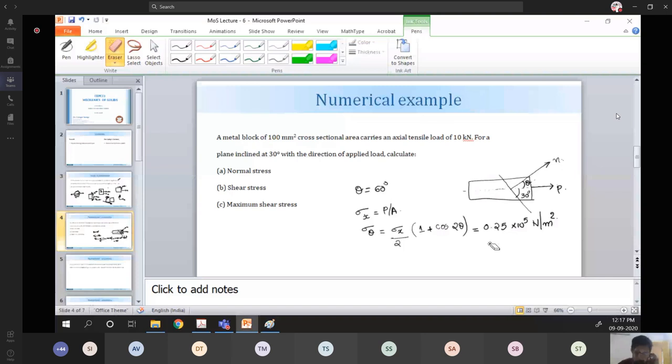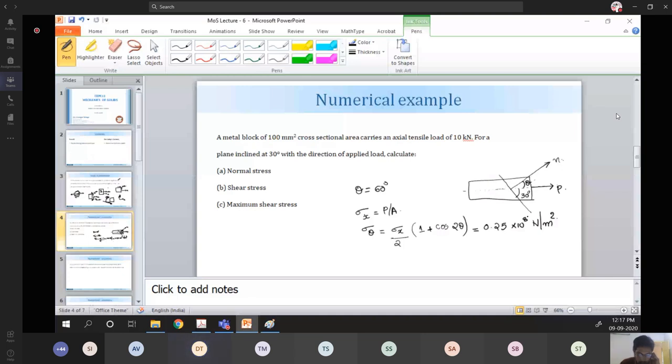So it is 0.25 into 10 power 8 Newton per meter square. Yeah, that's correct. So it is nothing but 25 into 10 power 6 Newton per meter square. Newton per meter square is Pascal, so it comes as 25 MPa.